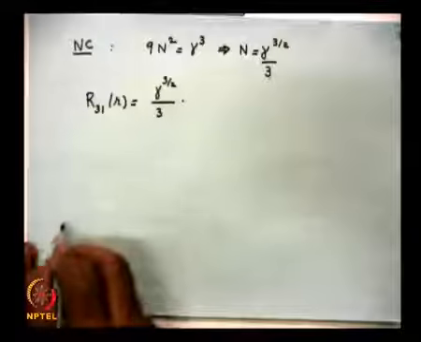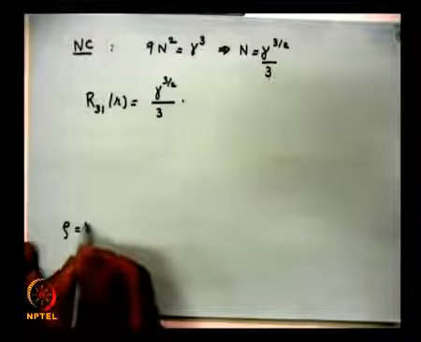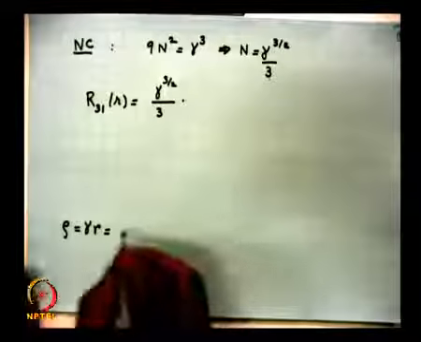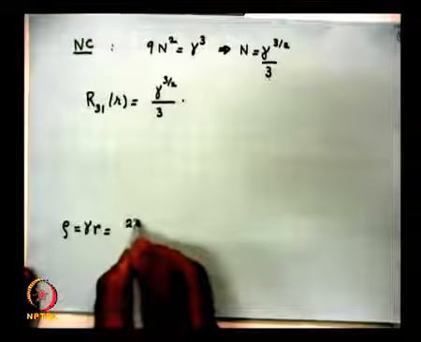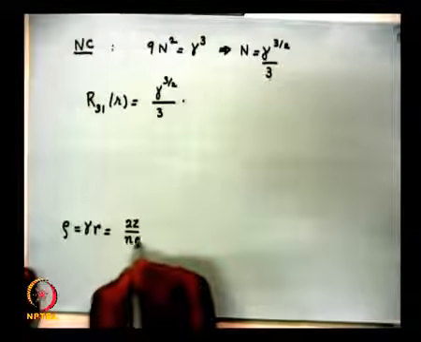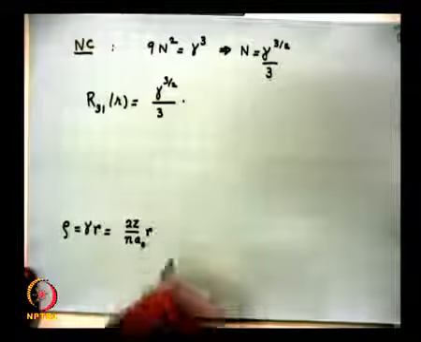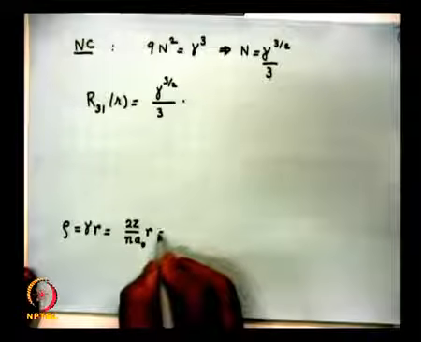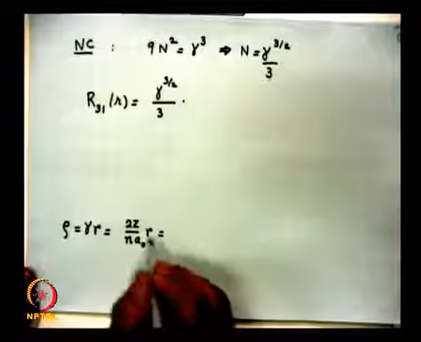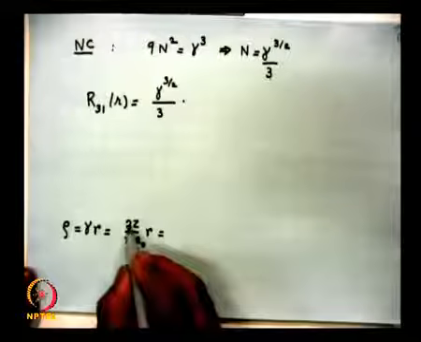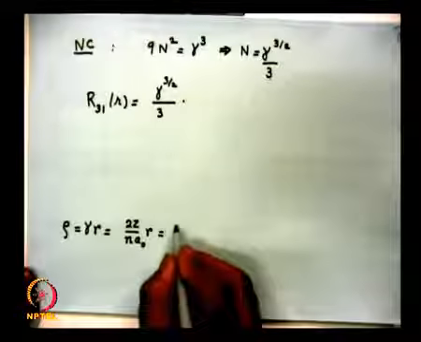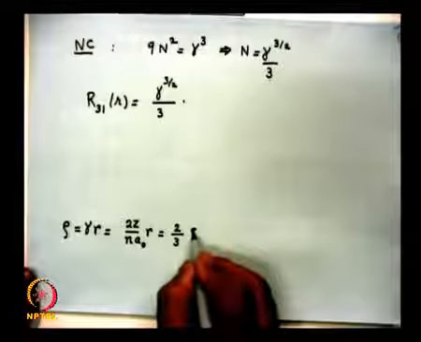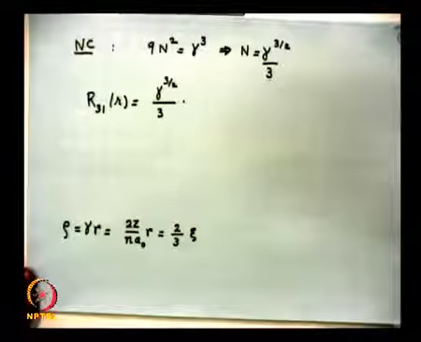Now, rho is usually written as rho equal to gamma r, and as we had derived, the gamma value was equal to 2z by n a0 into r. So, in this particular case, this will be 2, n is 3, and z by a0 into r is denoted by xi.